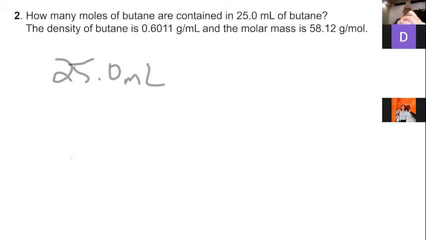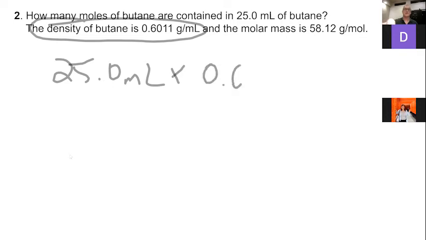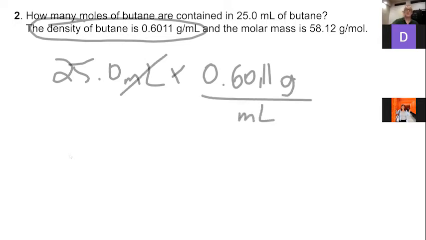The density, butane is a gas. If you have a lighter, that's got butane gas in it. And so the density is 0.6011 grams per mil. So now I've got grams, but I want moles. So I want moles on top and grams on the bottom. So that is a molar mass.